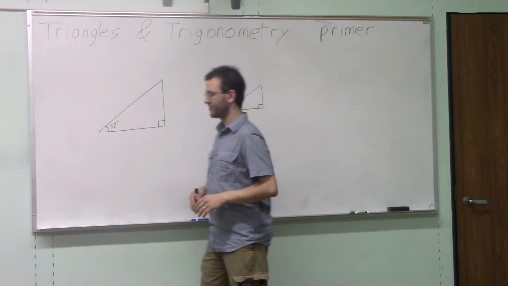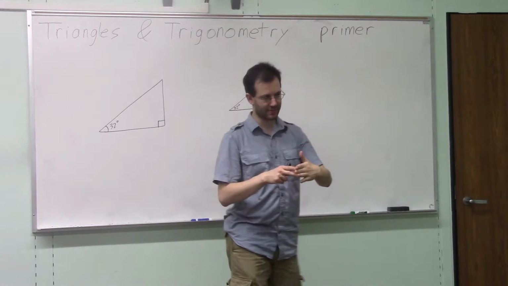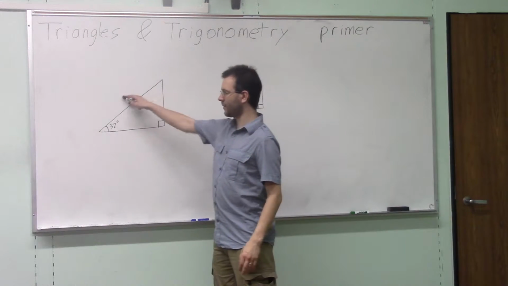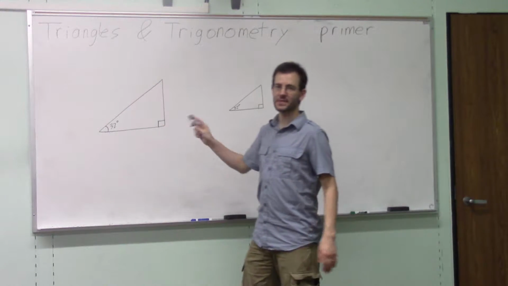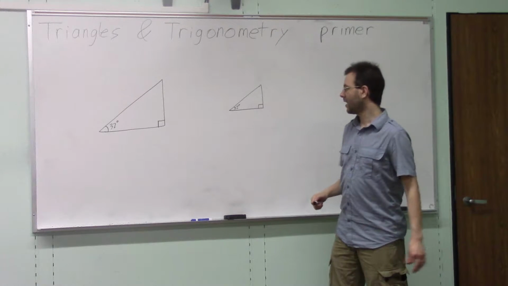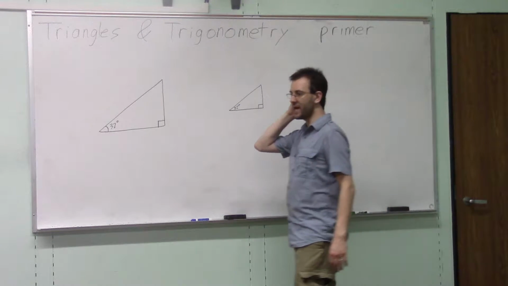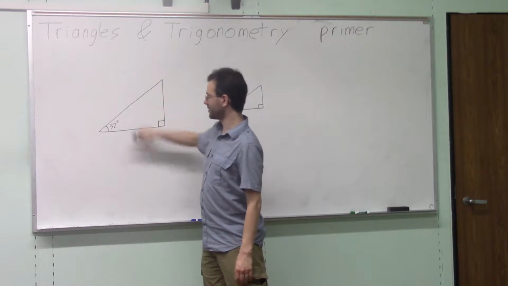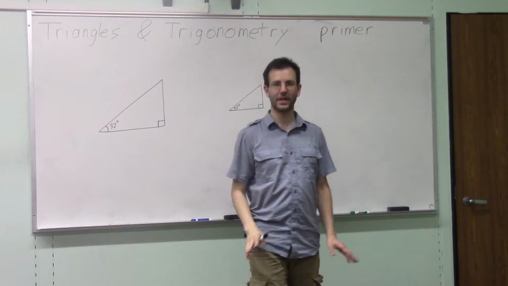Now I can create a triangle with a 32-degree angle and a right angle, and I can figure out exactly what the ratio between any two sides is. And those different ratios have different names. A name for this ratio, a name for this ratio, and a name for this ratio. And we'll get to those in a bit.